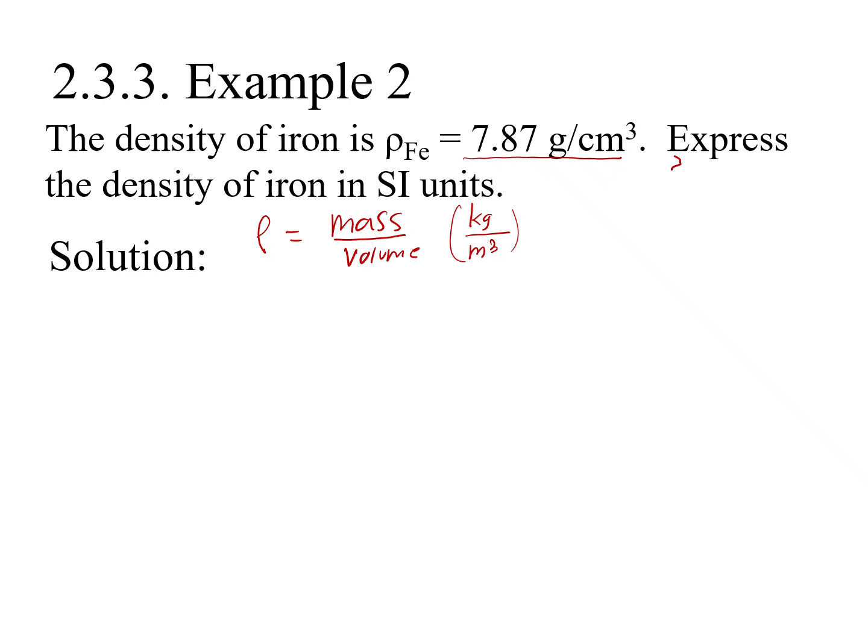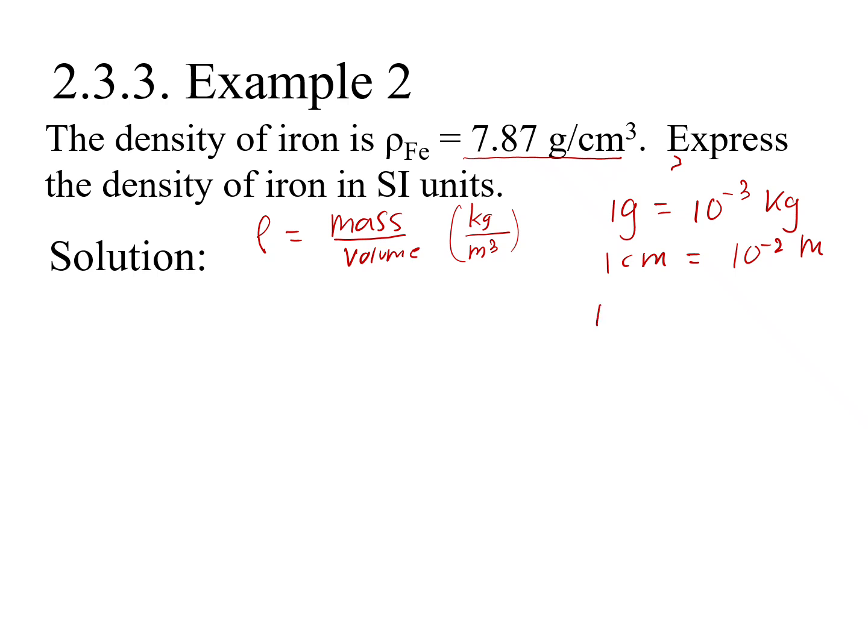So the conversion factor related to this is 1 gram is equal to 10 to the power minus 3 kilograms, and 1 centimeter is equal to 10 to the power minus 2 meters. Now, what we want is cubic centimeter, right?